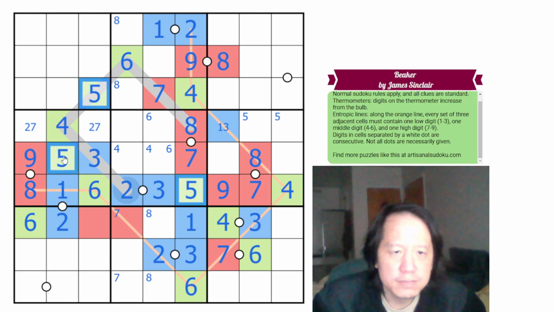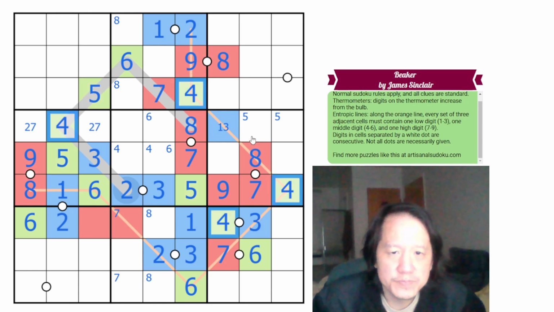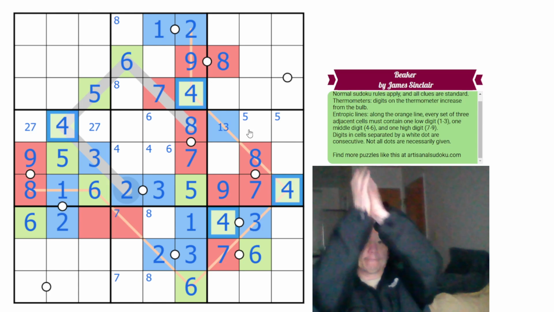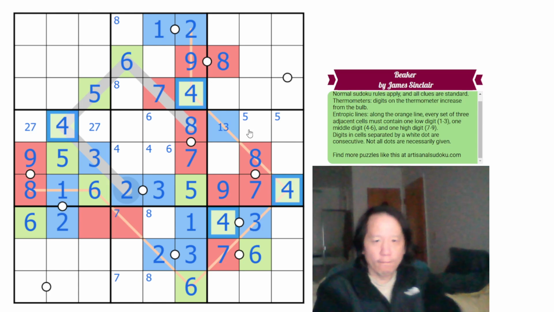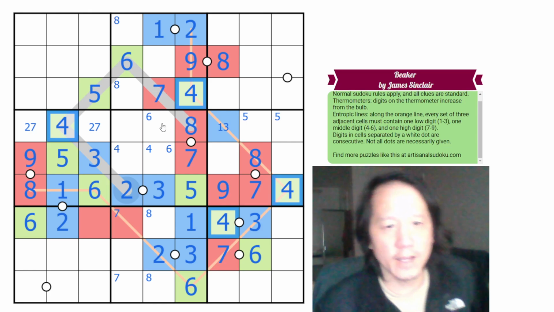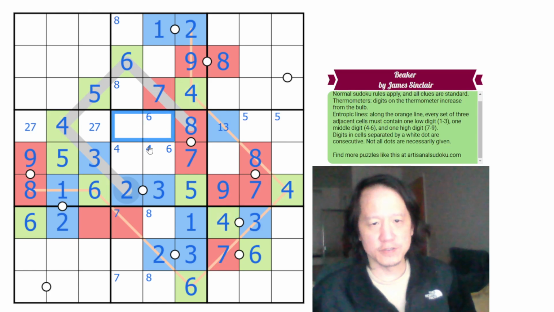What about 4? Hmm, 9 has to be one of these two cells. Okay, and 1 has to be one of these two cells.